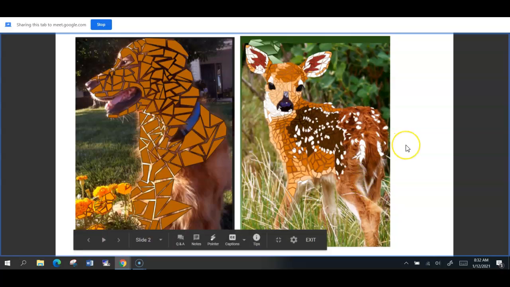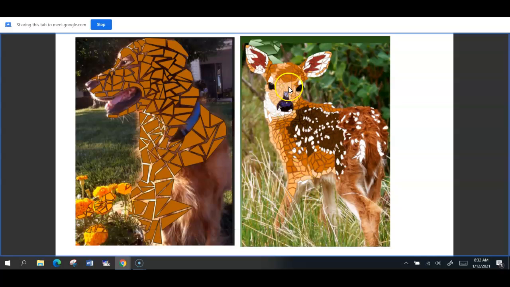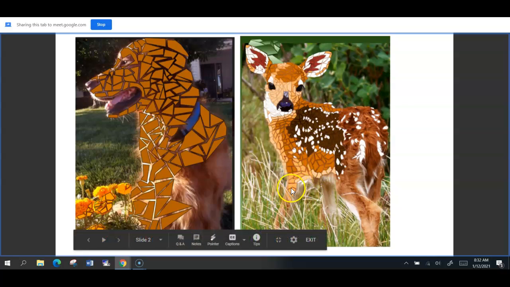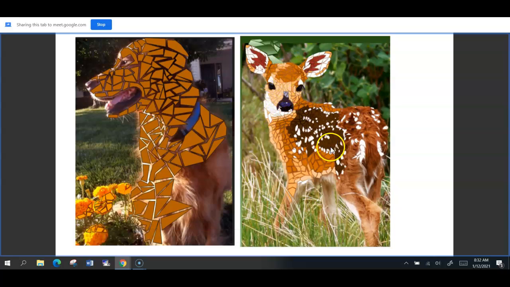And this right here, these are two, obviously, animals. We got the deer, and then we have the dog. Now, as you notice over here in the deer, whoever has really smaller little sections. But the main thing I wanted you to see is how the color is changing. It's not all one solid color.